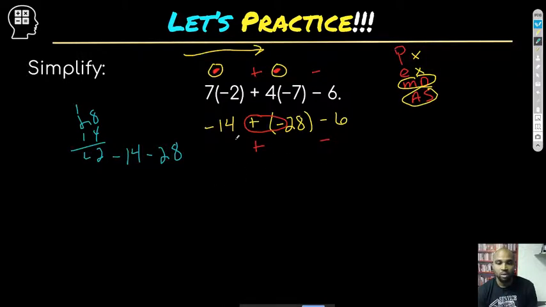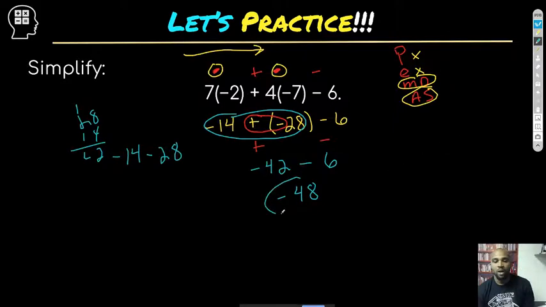And we're going to say that putting all this together right here is going to be -42. Now we got -42 minus the 6. So we're going to take 6 more away from this. And if we do that, it's going to give us a -48. Voila. That's it. That's how you handle multiplication, addition, subtraction, and division. I think I said them all.